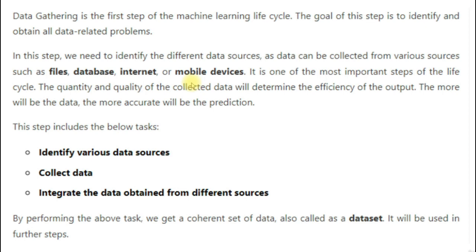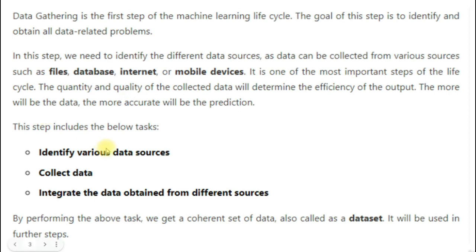So you can either have a ready-made CSV file, or you will be extracting data from a database, or you will be scraping data from the web. So these are different sources of the data. It is one of the most important steps of the life cycle. The quantity and the quality of data collected will determine the efficiency of the output. The more data there is, the more accurate the prediction of your model will be.